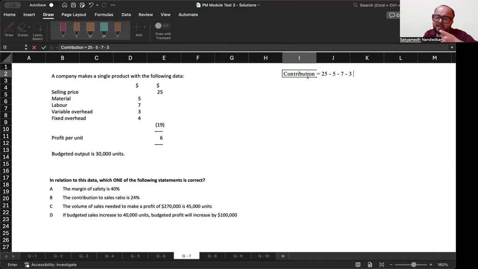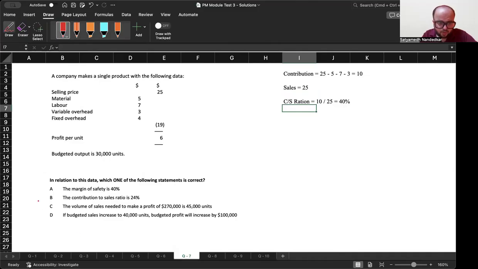So 7 plus 3, 10, 10 plus 5, 15, 25 minus 15, that is 10. And what is my sales? My sales is 25. So CS ratio is 10 upon 25, which is 40%. So they have said contribution to sales ratio is this. Sorry, not happening. Margin of safety is 40.